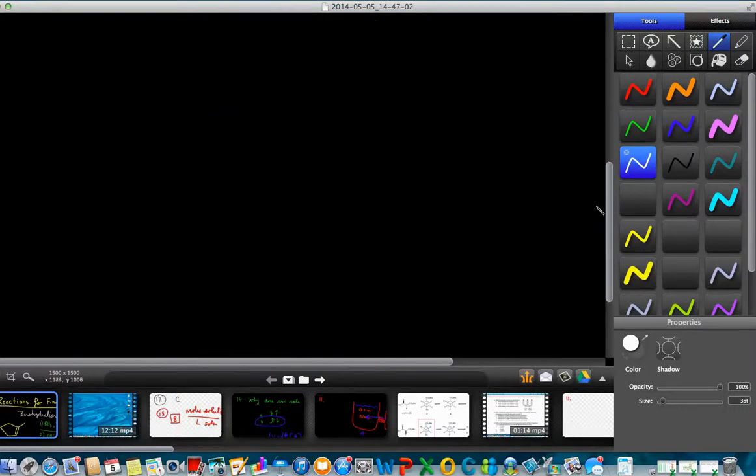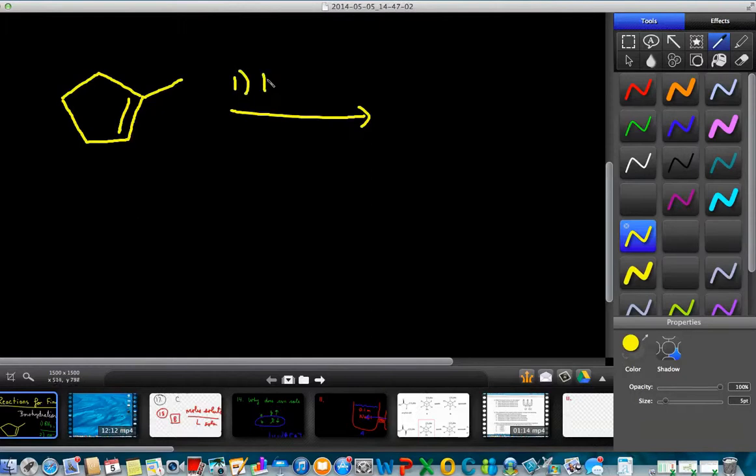Now let's look at a closely related reaction, but one that gives us different stereochemistry and different regiochemistry. We call this the oxymercuration-demercuration. So we use mercury(II) acetate and water. And in the second step, we're going to use NaBH4.